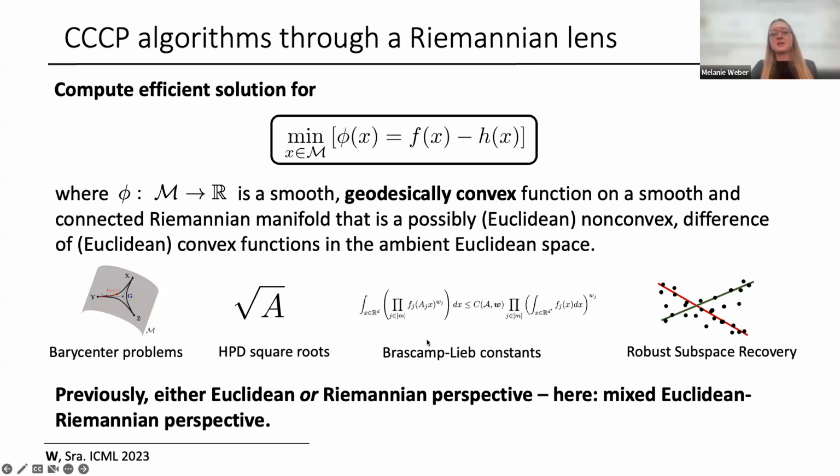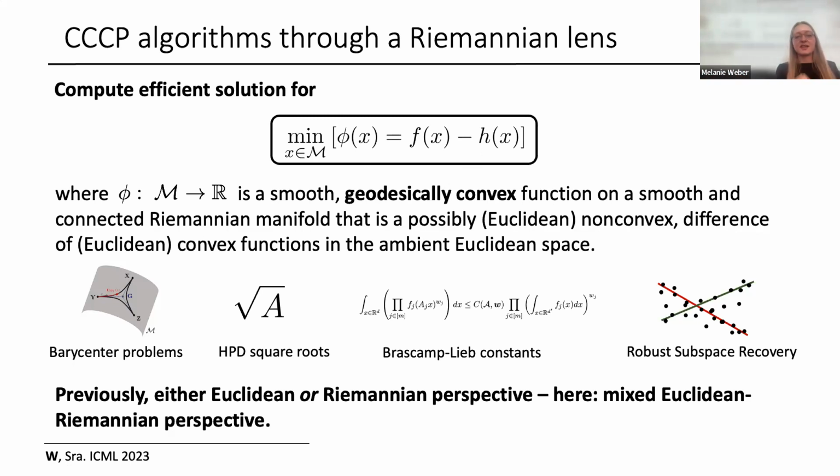And then from the Riemannian perspective, there's been work, of course, on geodesic convexity, but also on difference of convex functions from the Riemannian perspective, looking at algorithms that need Riemannian tools for their construction. For instance, work that requires the computation of the Riemannian gradient as opposed to the Euclidean gradient.